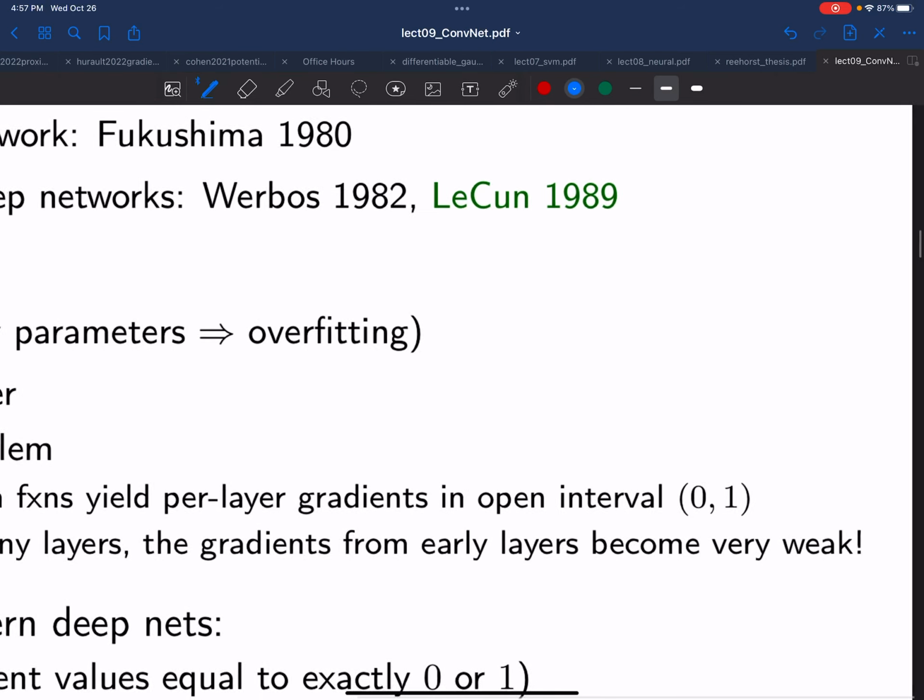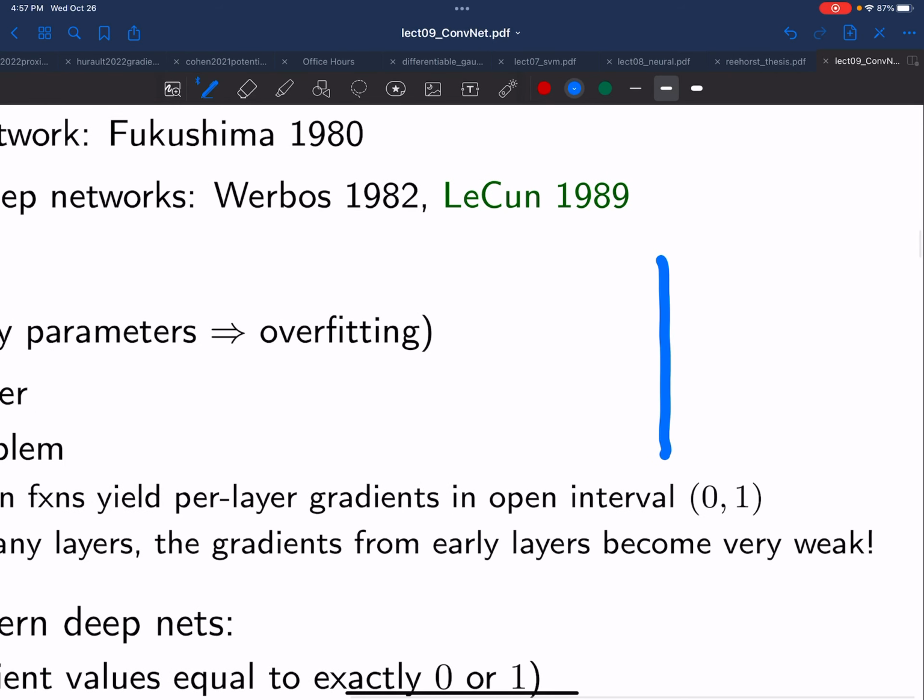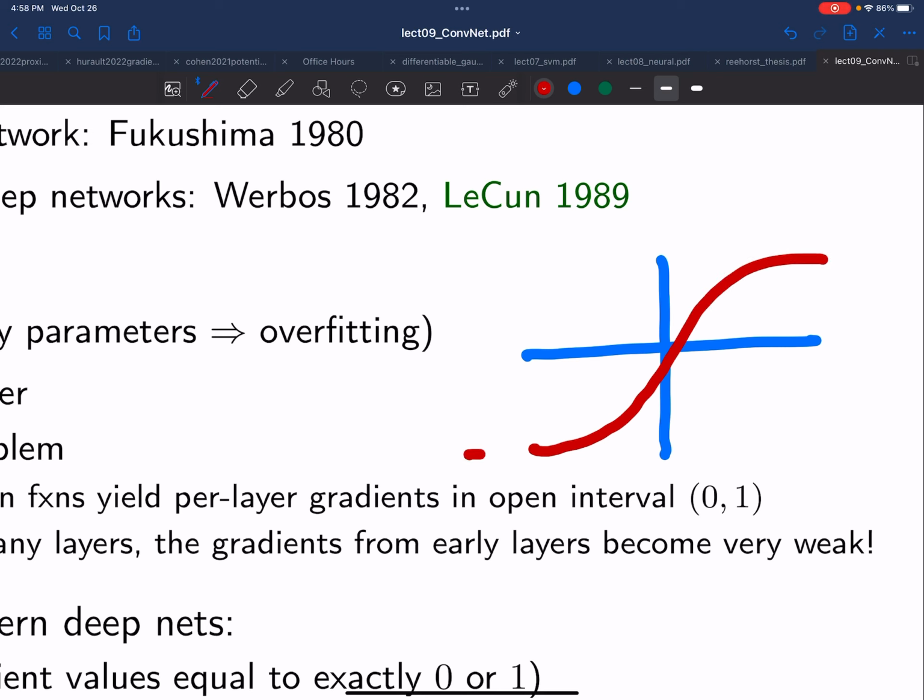So let me draw a little picture here. If we think about the sigmoid activation function, maybe it looks something like this. And if you think about the sigmoid, as we know, you have to compute slopes.